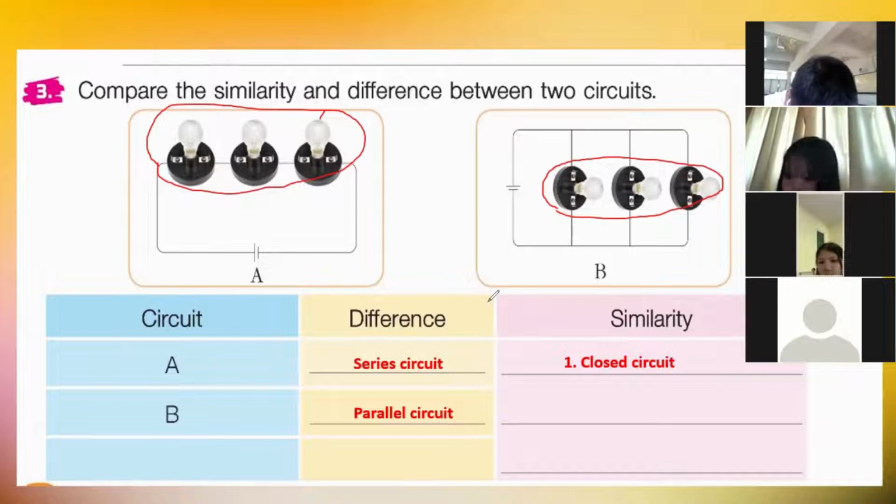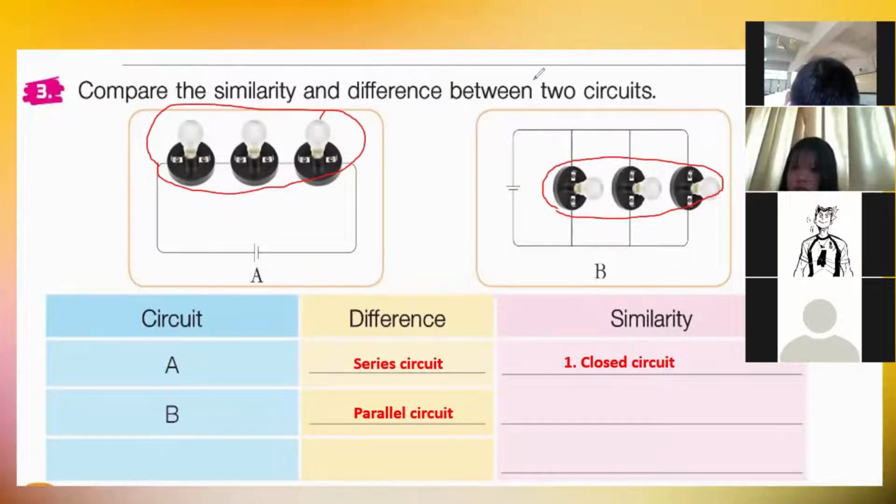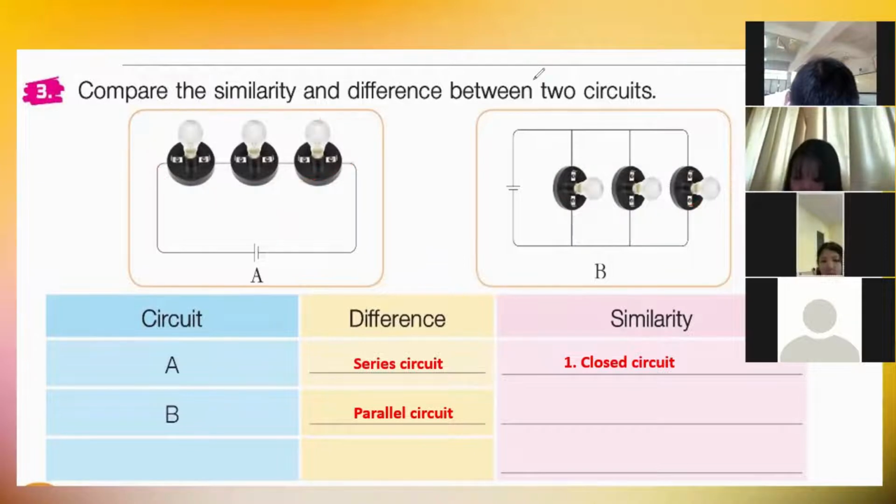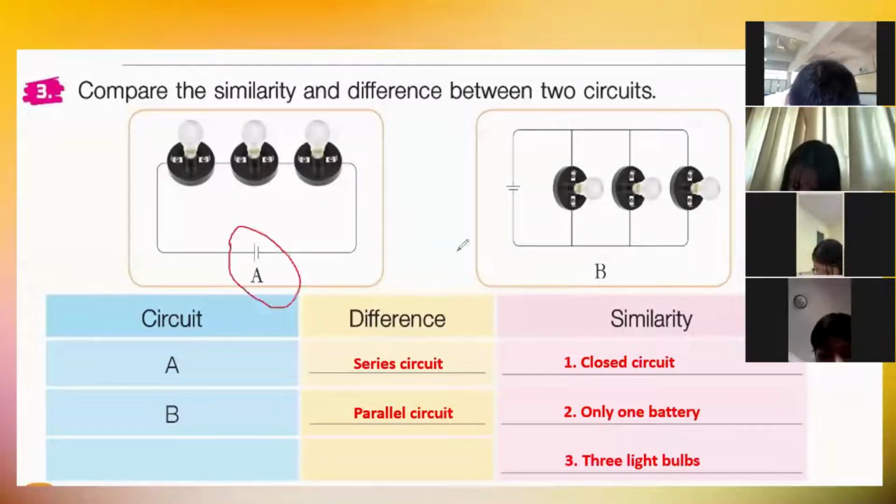How many batteries are there? 1 each. So that's the other similarity. Number 2, there is only 1 battery. In each circuit they have only 1 battery. So that's the similarity between both circuits.